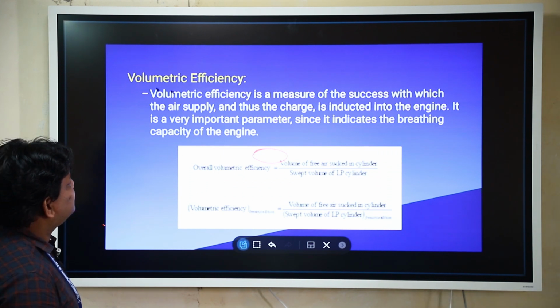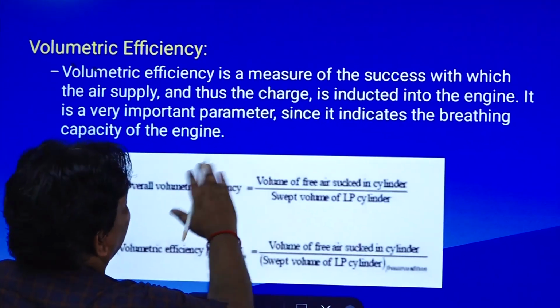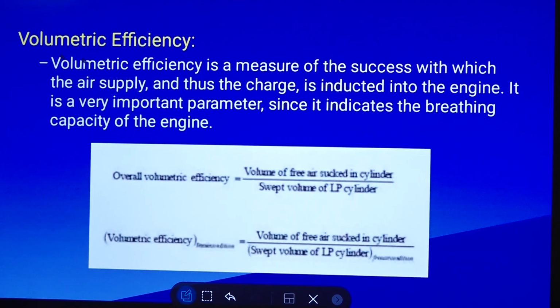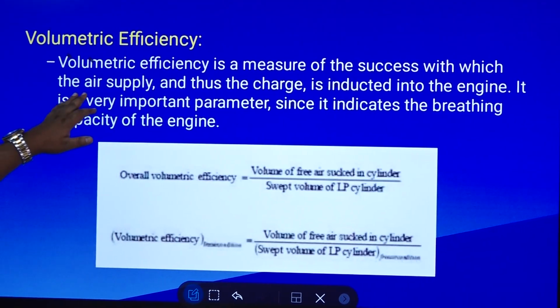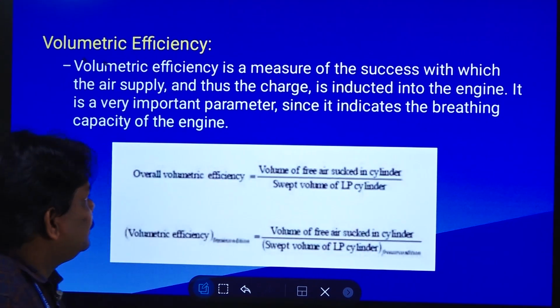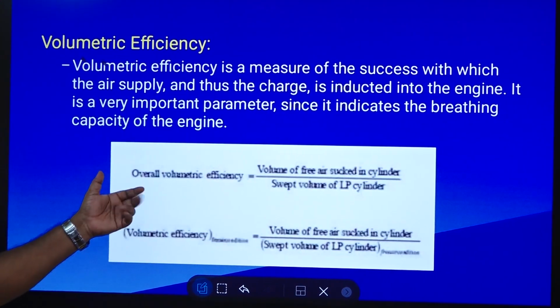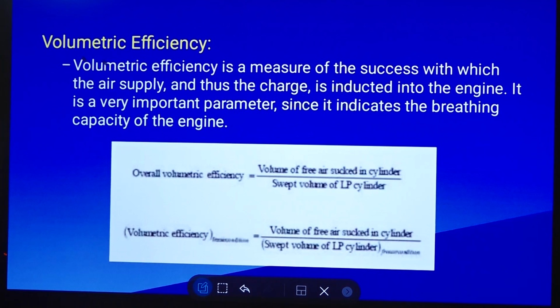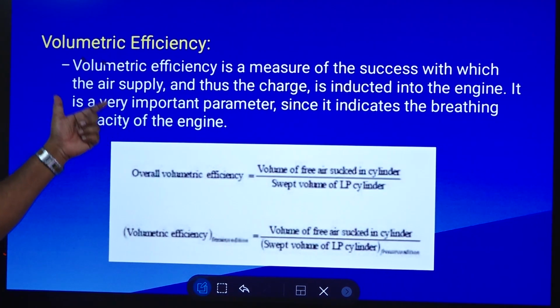Then volumetric efficiency. It is a measure of the success with which the air supply, and thus the charge, is drawn into the engine. It is a very important parameter because it indicates the breathing capacity of the engine.